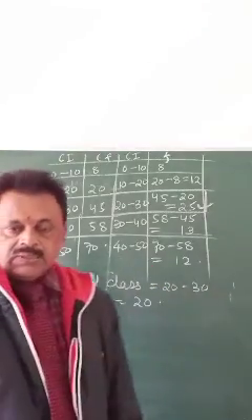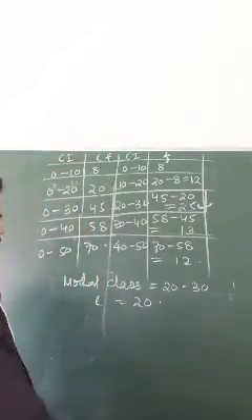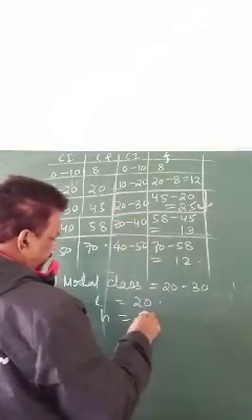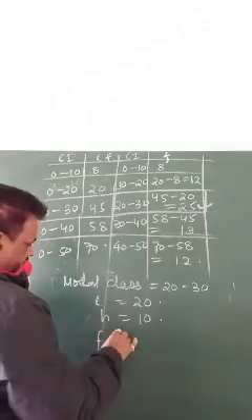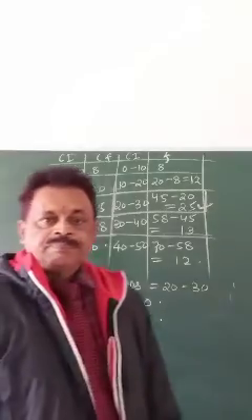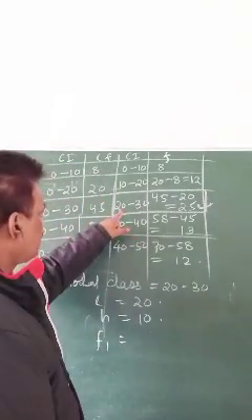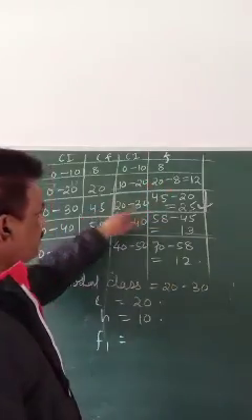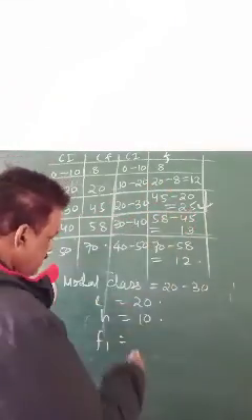Okay. What else is required? As you can tell, H is very simple, difference 10. Now frequency F1, the frequency of the modal class, is 25.